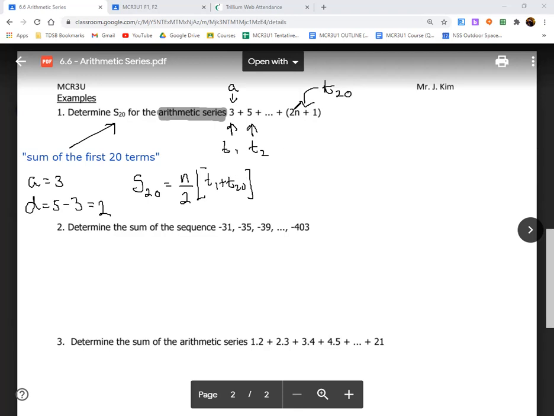And T20 would be what? 2 times n, that's 40, plus 1, 41. So you would get 20 over 2. The first term is 3, and the last term is 41. That would be 10 multiplied by 44. My final answer is 440.